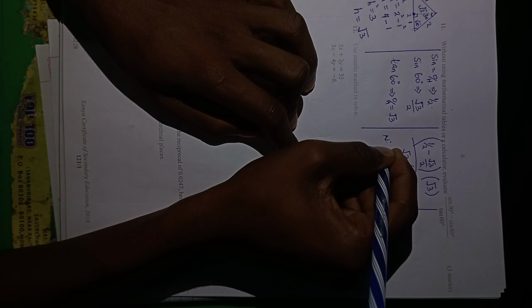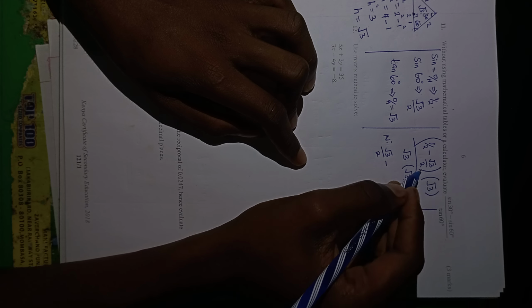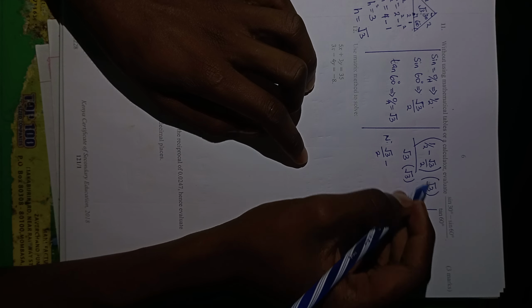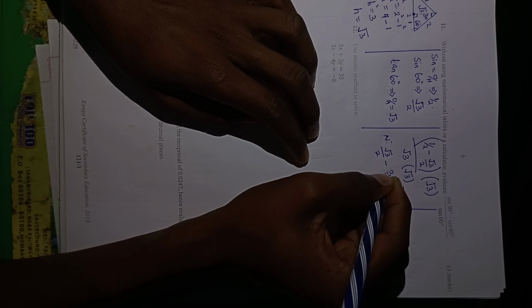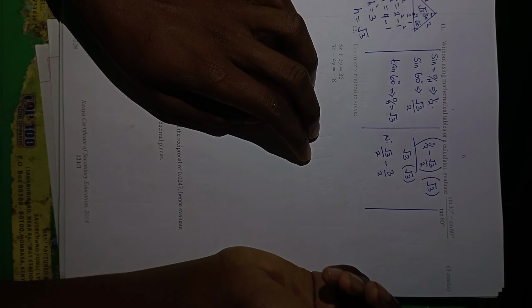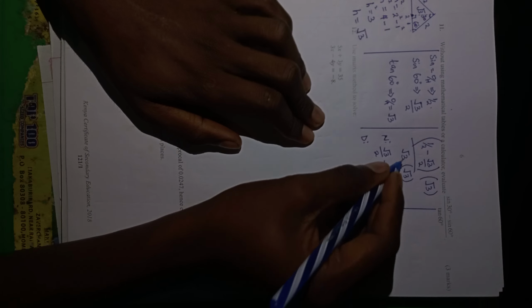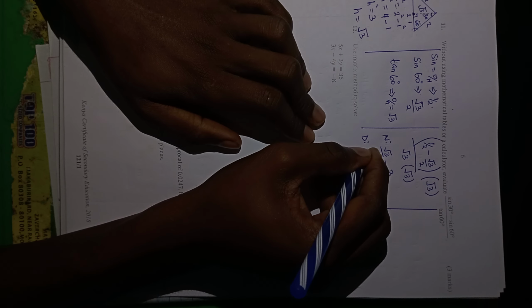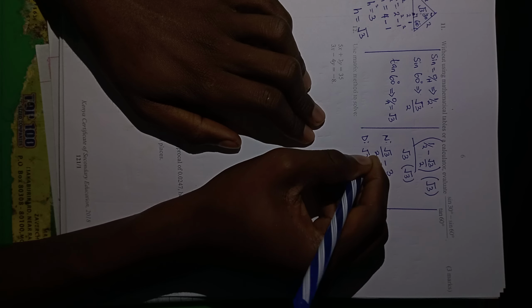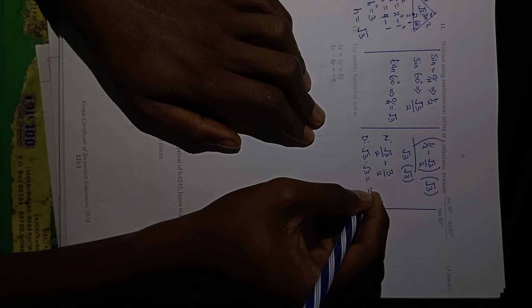So it will be root 3 over 2 minus root 3 over 2 times root 3. This will be root 9 over 2, and we know very well that root 9 is 3. So it will be 3 over 2. This is for the numerator part. For the denominator, root 3 times root 3 gives root 9, which is 3.